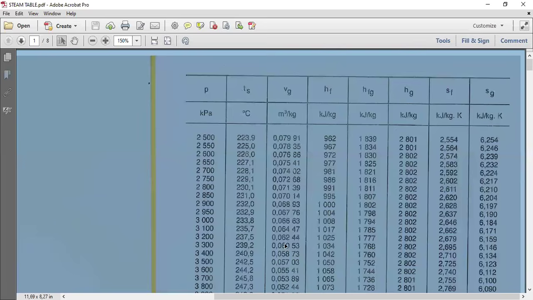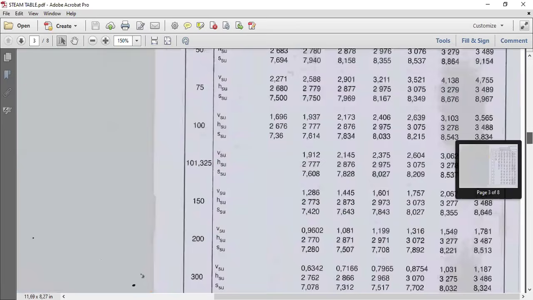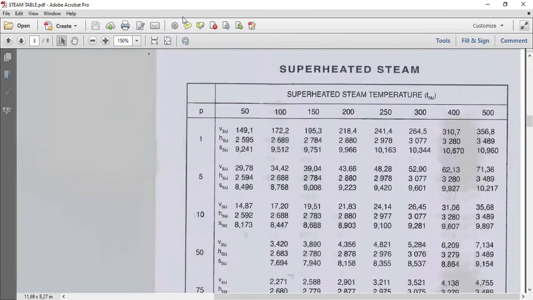But if we go down a little bit, this part here is written on top, superheated steam. This is for the superheated steam.